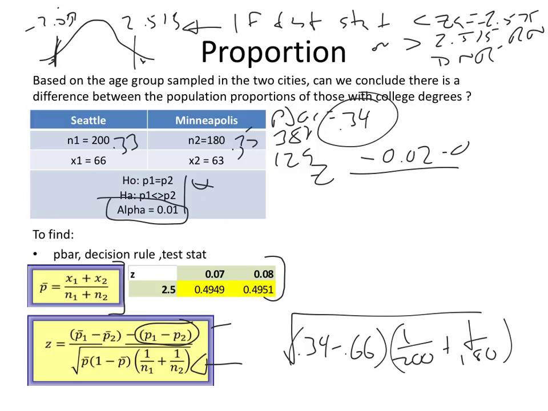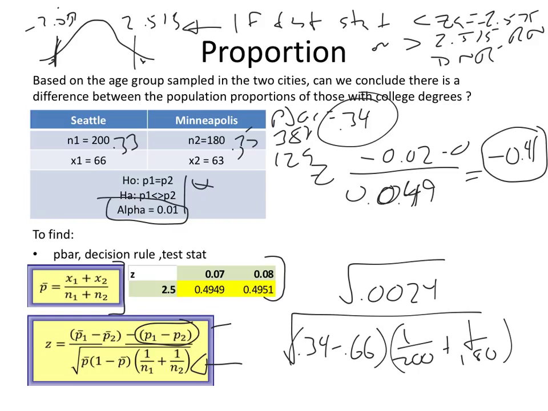When we calculate that, it becomes the square root of 0.0024, and when we take the square root, we get 0.049. So again, this is going to be slightly less than half, 0.02 divided by 0.04. If we calculate that out, we get negative 0.41.